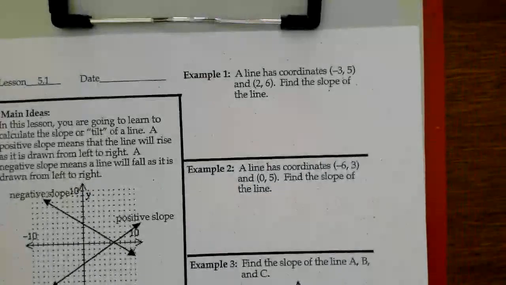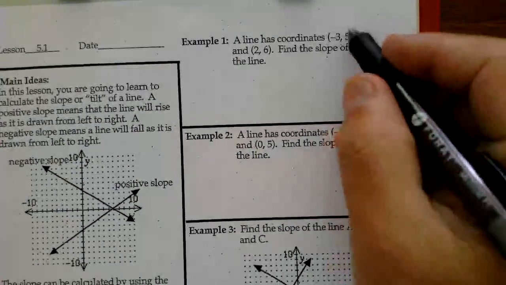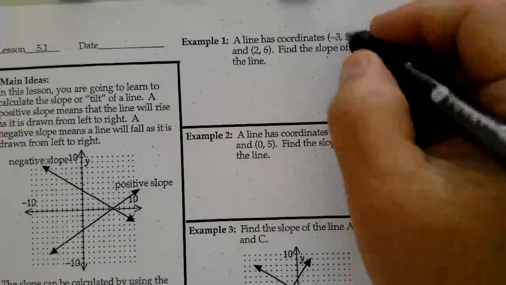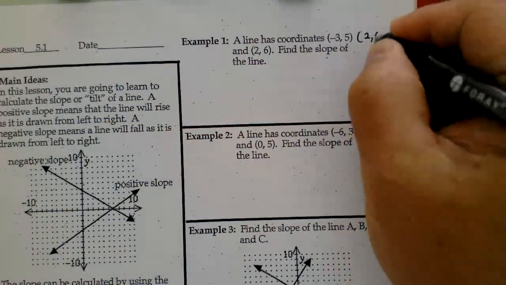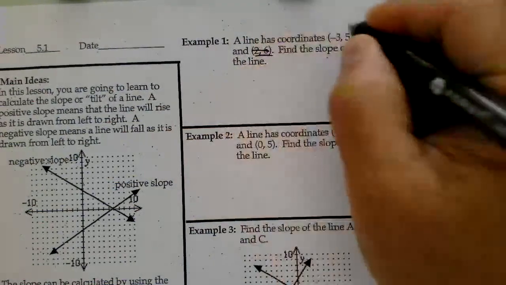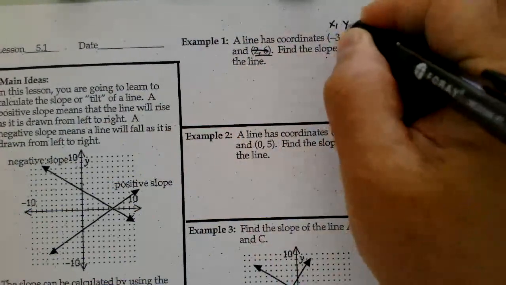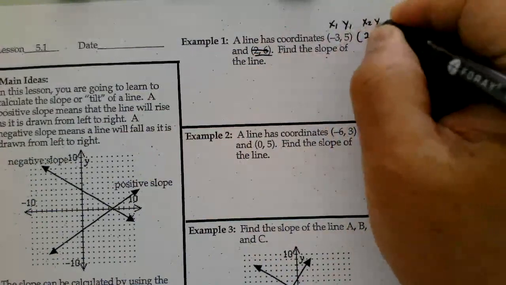Let's take a look and see if we can do one for ourselves. As you could see, here are a pair of coordinates. I want to put it over here so I can keep track of each one. And then I want to call this x1, y1, x2, y2.